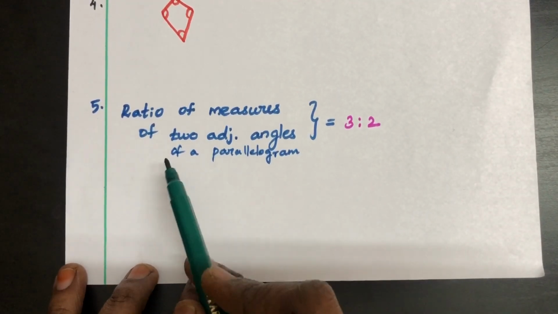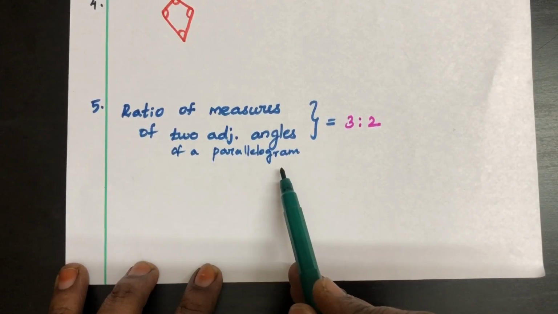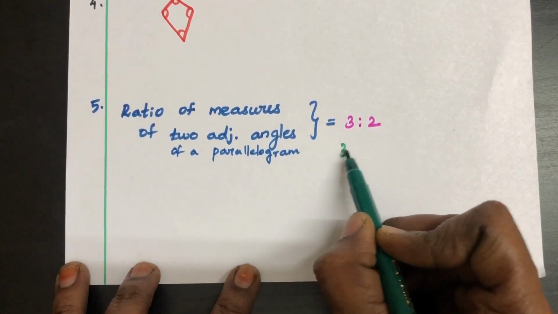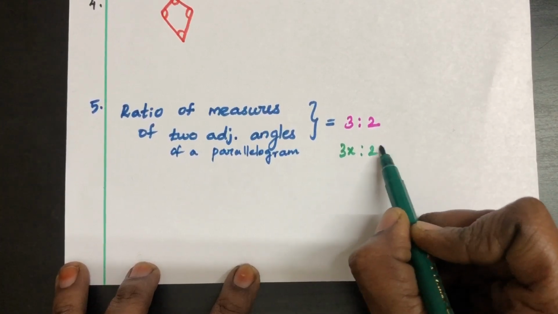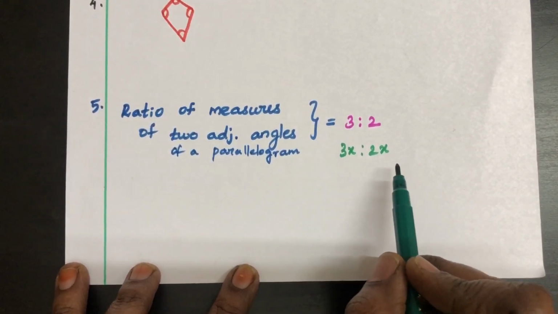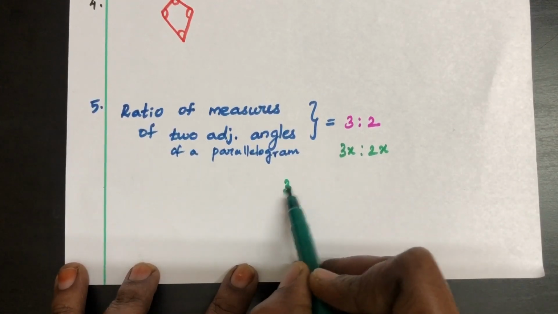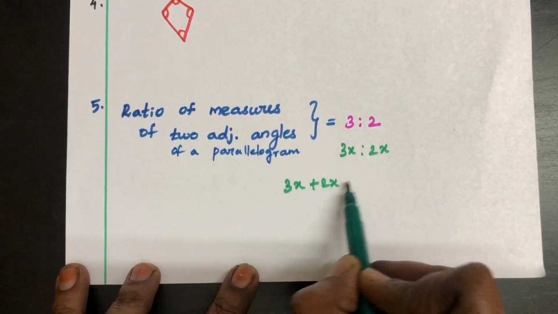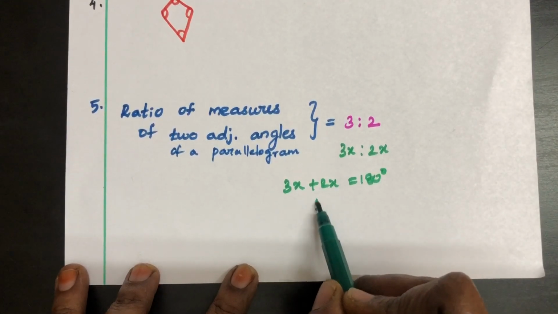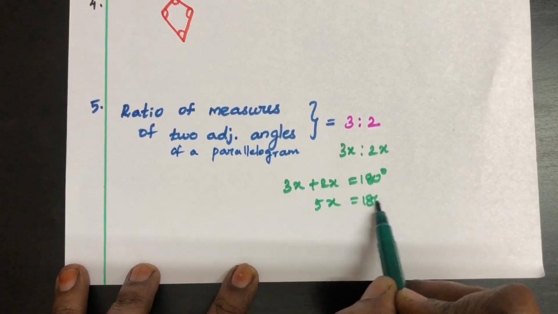Fifth question. The measures of two adjacent angles of a parallelogram are in the ratio 3:2. That means 3x:2x. But we know that adjacent angles are always supplementary. That means 3x plus 2x, if you add these two, it will give you 180 degree. Therefore, 5x is equal to 180 degree.